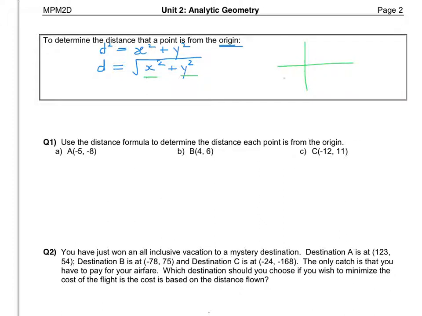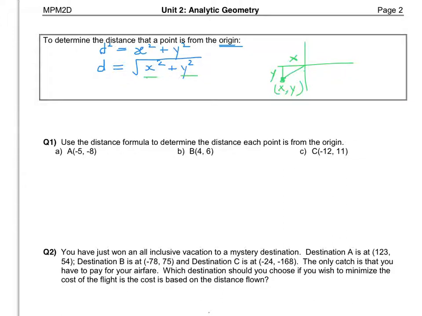It doesn't really matter where the point is. It could be in any quadrant. Really, we're doing our x coordinate squared, because that's our run, plus our y coordinate squared, because this point here is at x comma y. So I'd rather you understand it than just memorize a formula, because really it makes much more sense to understand what you're doing as opposed to just memorizing.